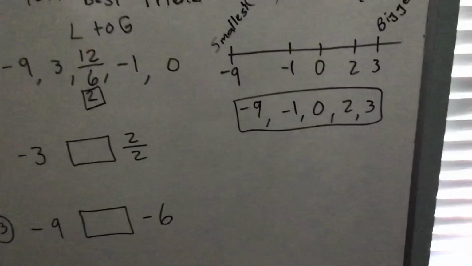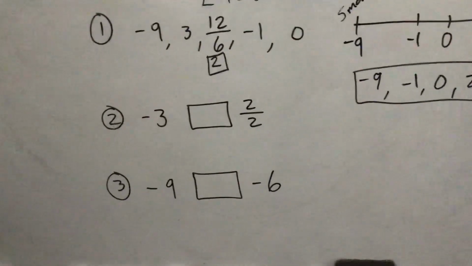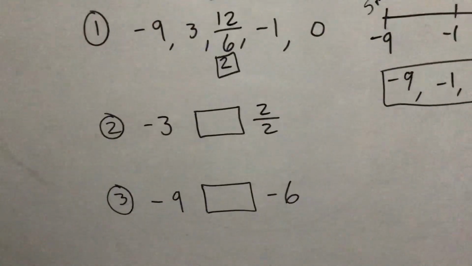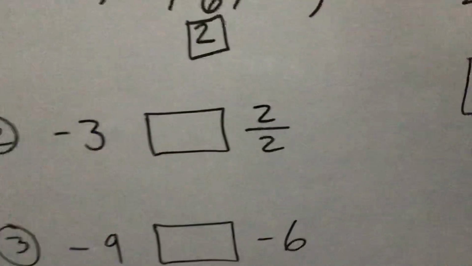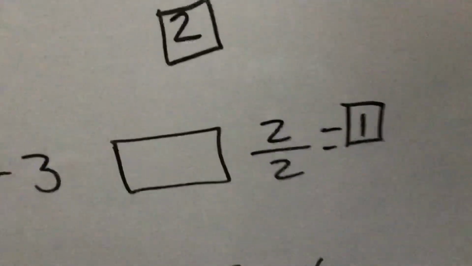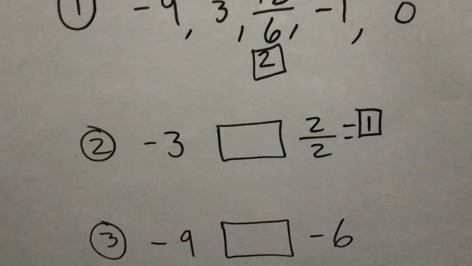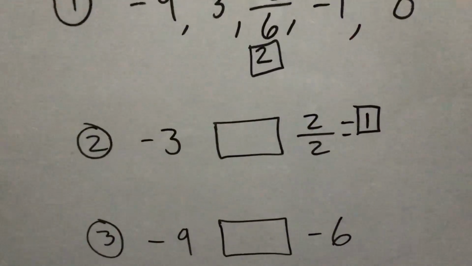Now you do the same thing if they ask you greatest to least. It doesn't make a difference. For example, number 2. The first thing I would do is solve that fraction. 2 over 2 equals 1. Now you can create a number line here, but it's very simple to understand. You have a negative number and a positive number.